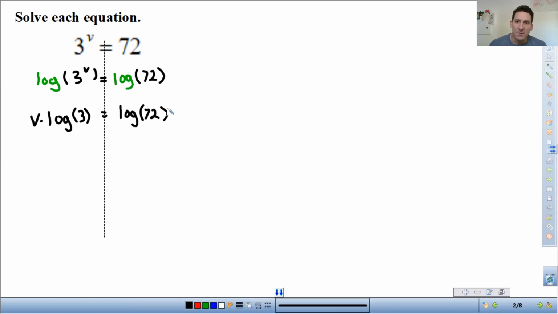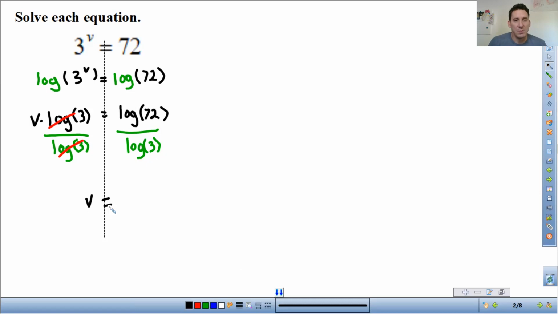And then from here, to finish solving for v, we just divide both sides by the log of 3. So log of 3 divided by log of 3 cancels out. We just have v is equal to the log of 72 divided by the log of 3.